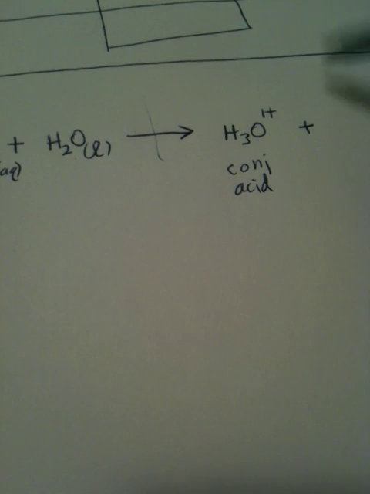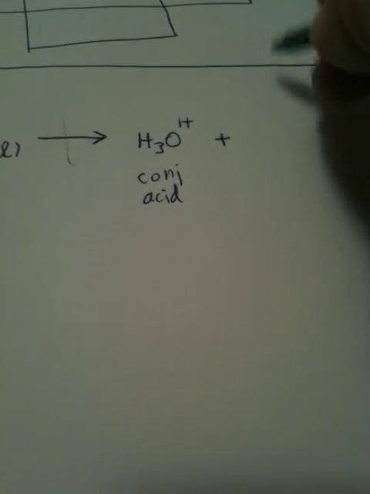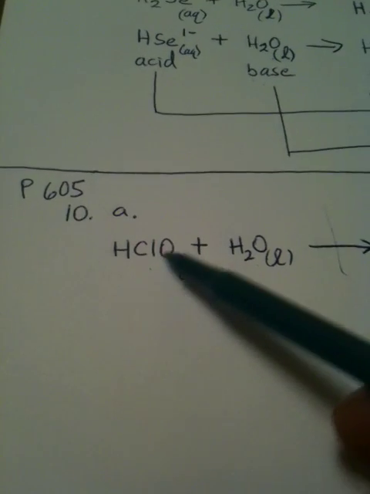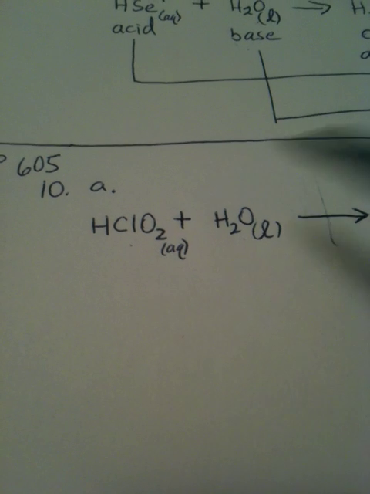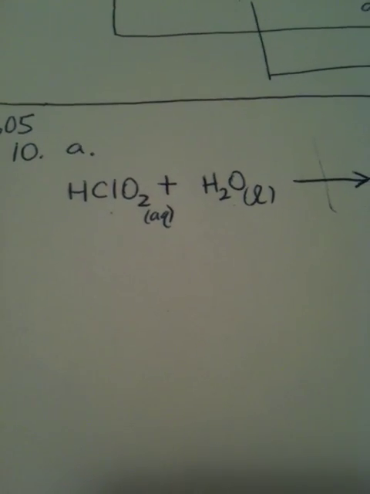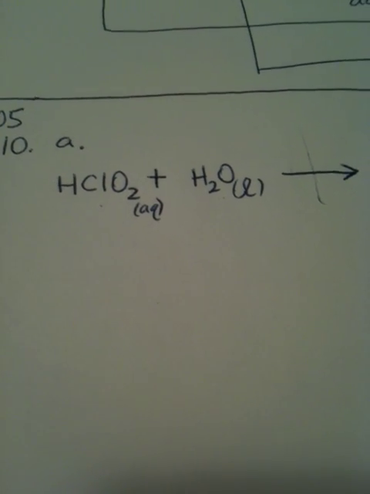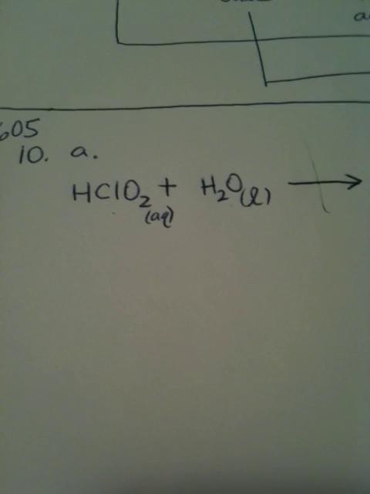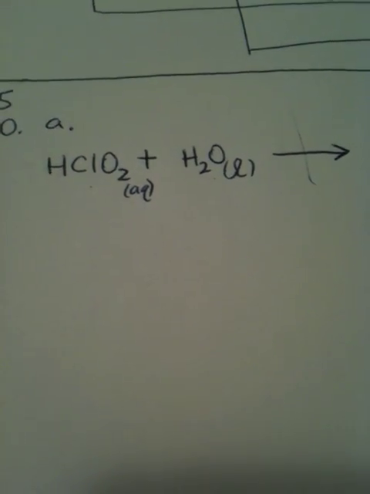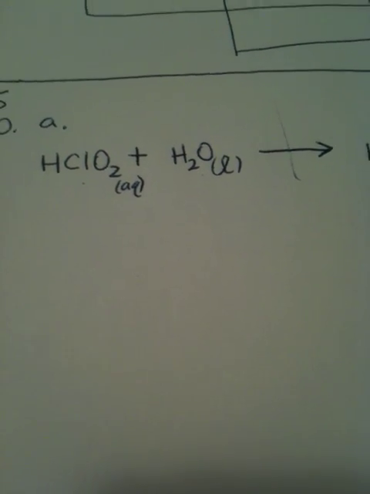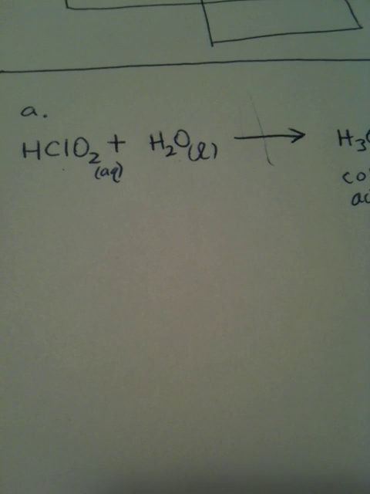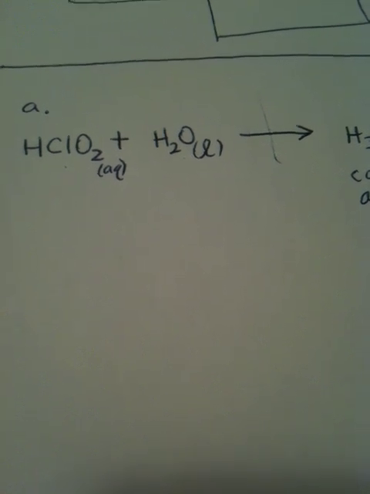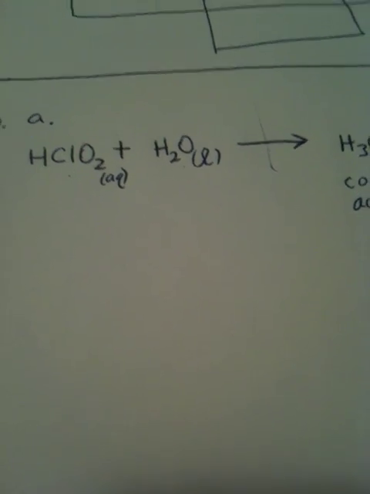The next one is going to be the chlorite, ClO2, the chlorite ion, because that's all that's left when we lose a hydrogen. This is a 1 minus, and this is the conjugate base. And let's tie them together.